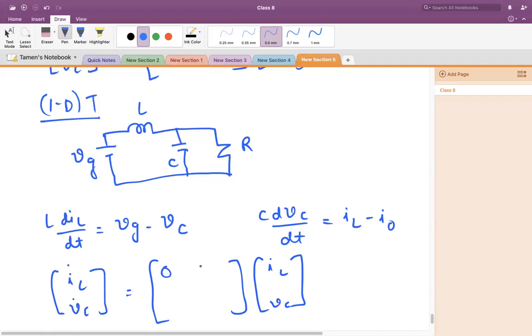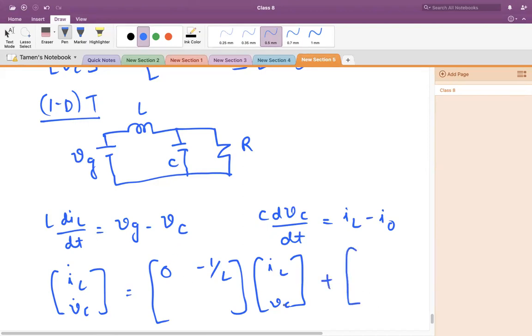In terms of VC, it will be minus 1 by L. In terms of VG, 1 over L.